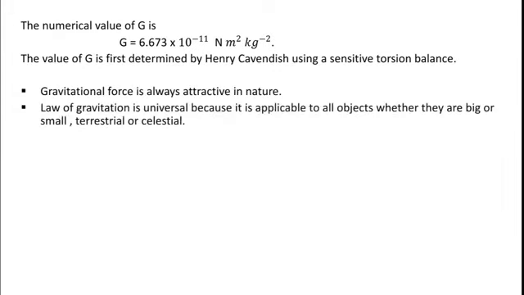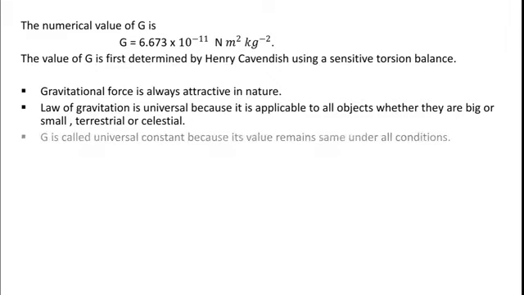Second, the law of gravitation is universal because it is applicable to all objects, whether they are big or small, terrestrial or celestial. Capital G is called the universal constant because its value remains the same under all conditions.